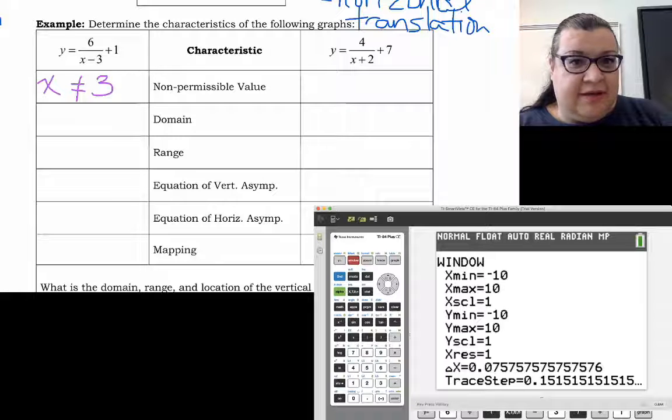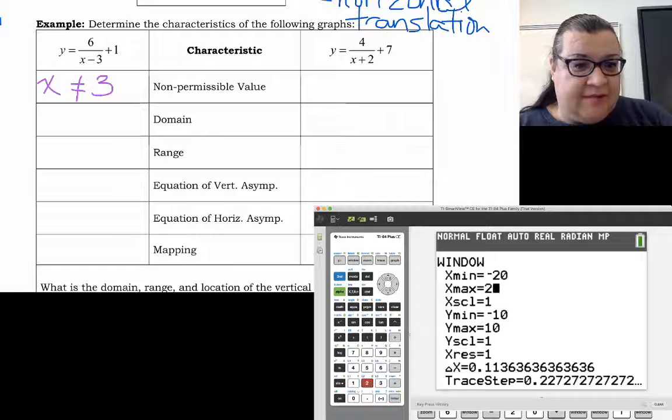Maybe I need to actually put it in with the calculator and not type it in. Sorry, guys. So -20 to +20, and let's go up by 2's. And we'll do the same for our y's. Let's go from -20 to +20, going up by 2's, and let's regraph that.